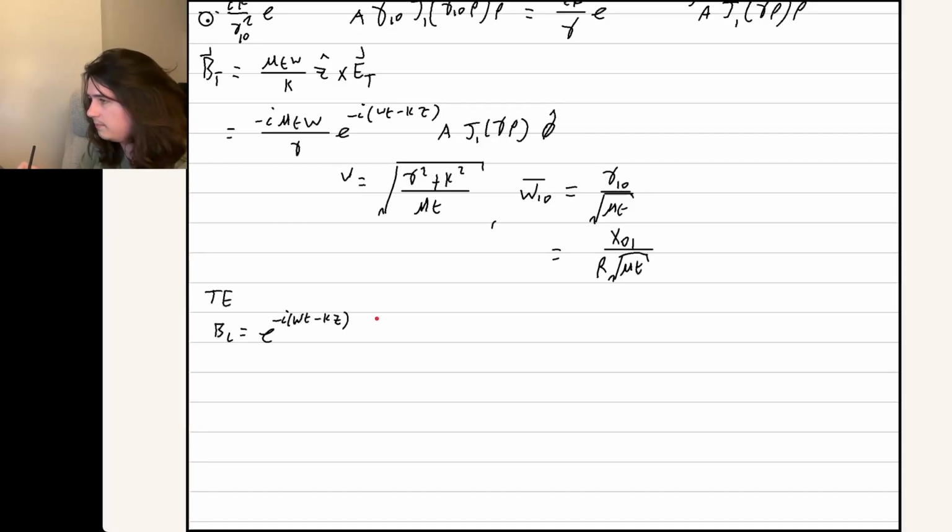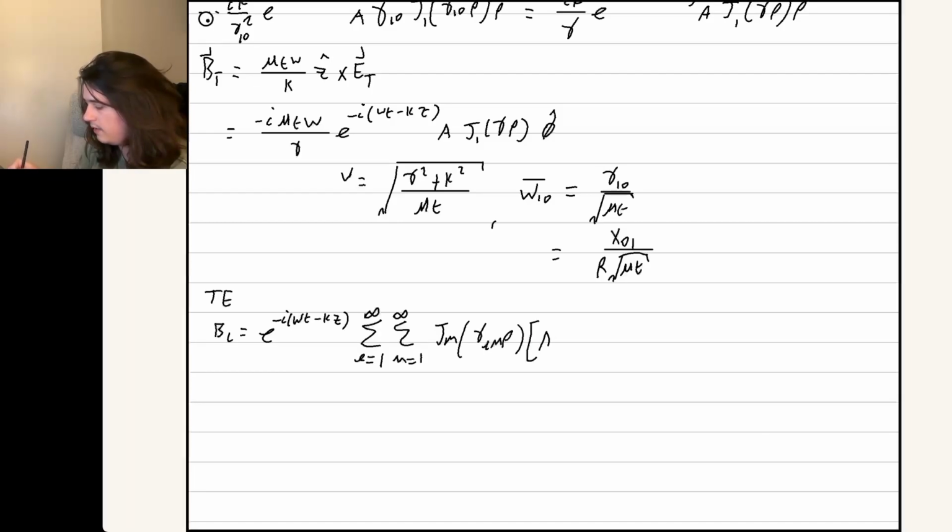So you have your decay piece, you have your expansion, now starting with m being set equal to 1 because of boundary conditions, and then J_m of gamma_lm rho, A_lm e to the im phi plus B_lm e to the minus im phi.